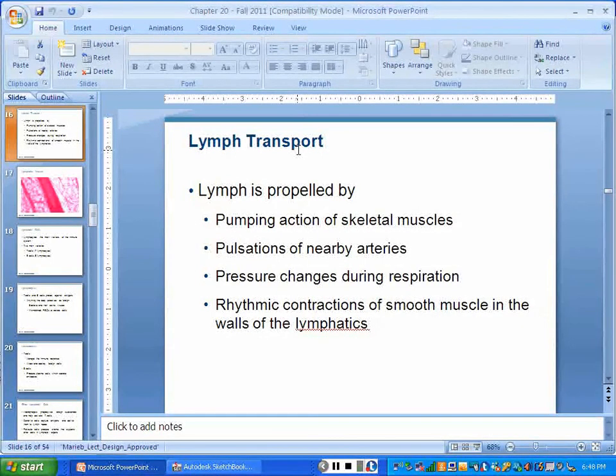Depending upon where you are in class, you may or may not know some things about veins. You're about to learn something about veins and lymphatic flow that makes them similar. I'm going to start by saying this. What's the primary force that allows blood to move through your blood vessels? Your heart.